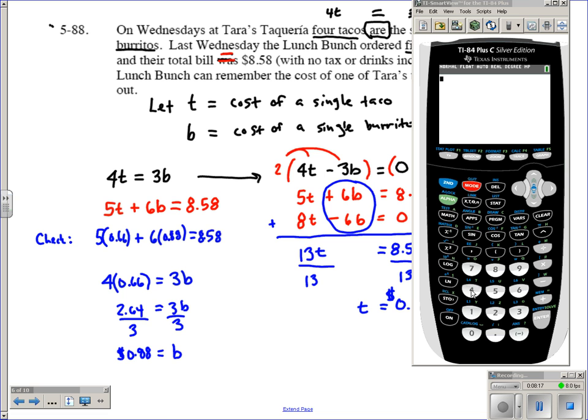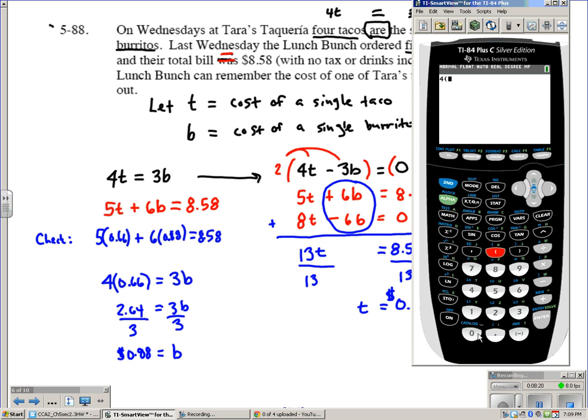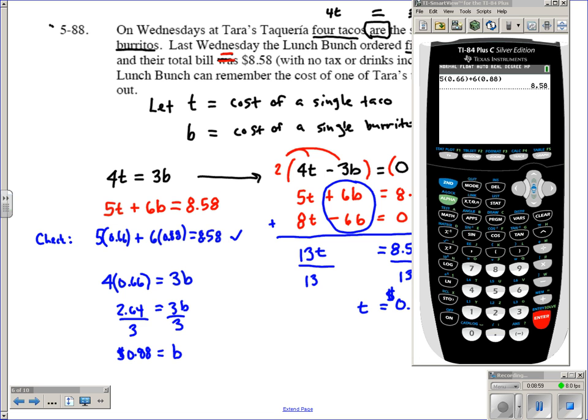Let's see here. 4 times 0.66 plus, oopsie, what am I doing there? That should be 5 times 66 cents. Good thing I caught that. Don't want to screw up in the check. So we're multiplying 6 times our 88 cents. And when I add that together, it should give me $8.58. Let's see. $8.58. So we know we're correct.